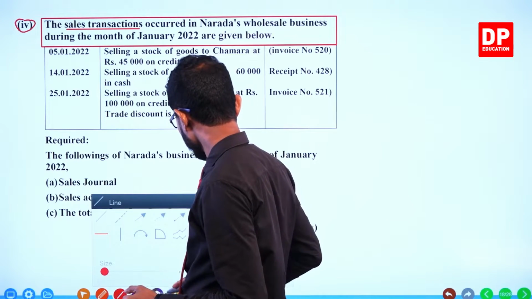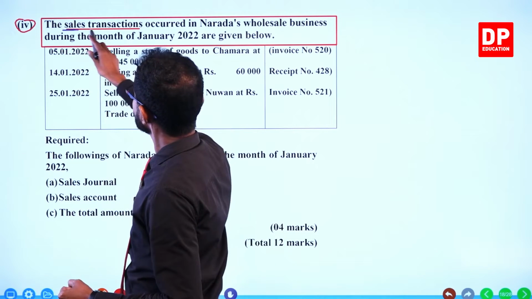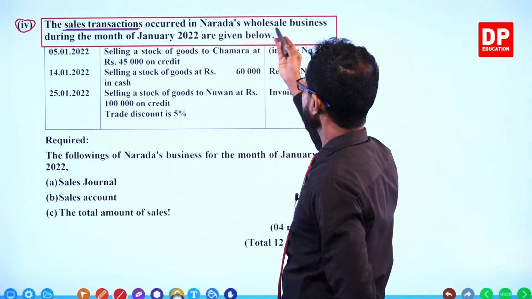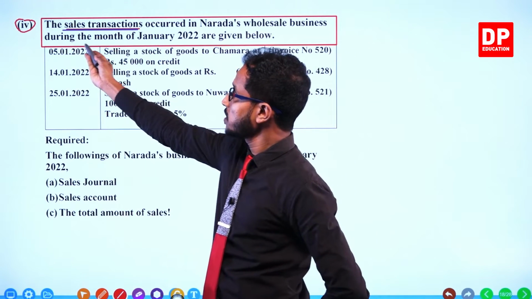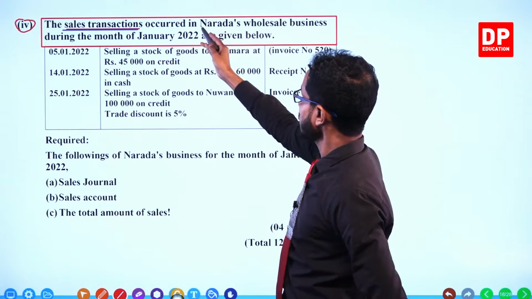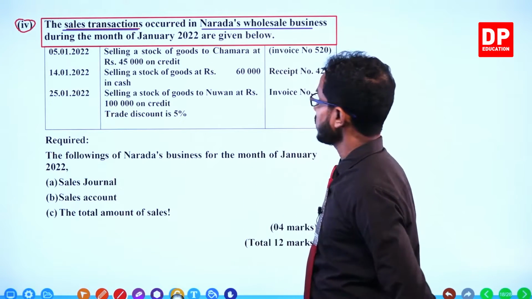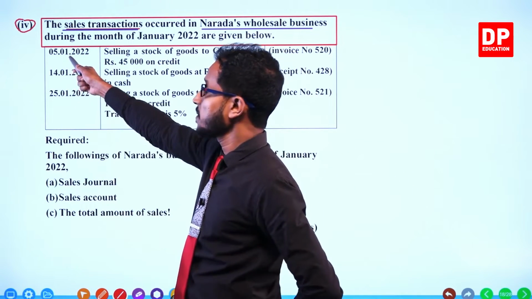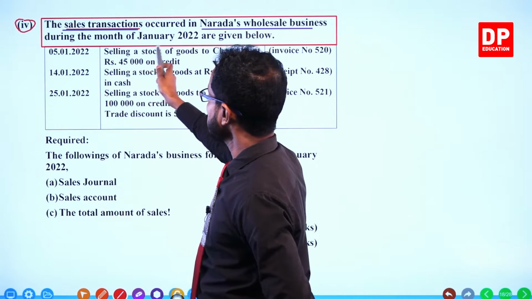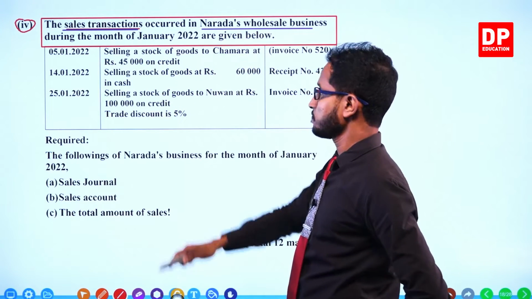Sales transactions occurred in Narada's wholesale business during the month of January 2022 are given below. Narada is a wholesaler. Here we are. 5th January 2022, selling stock of goods to Chamara, 45,000 on credit.